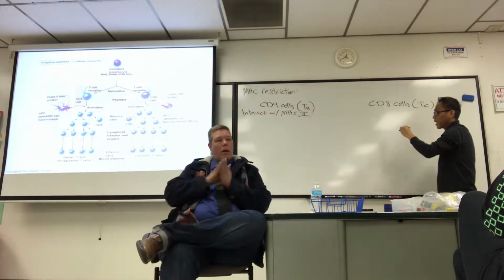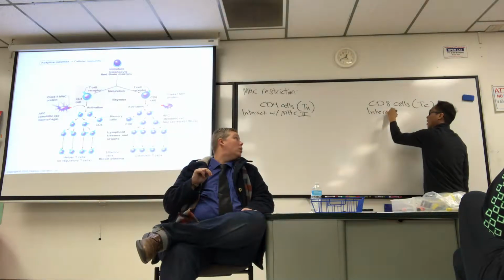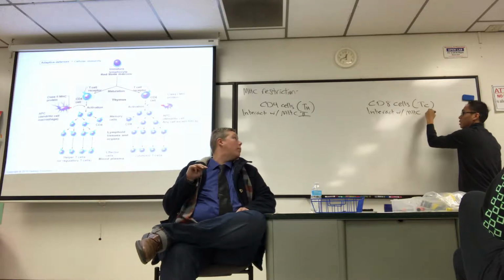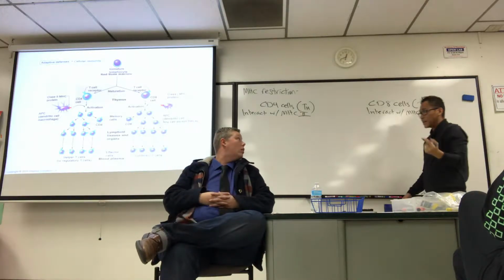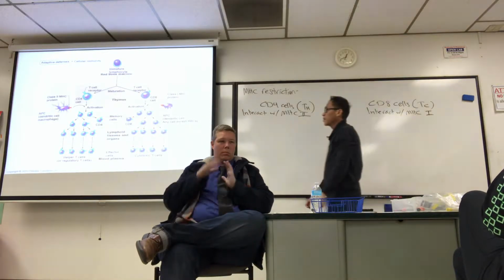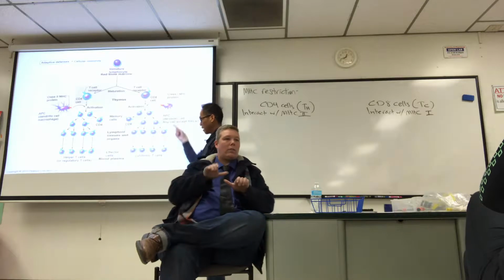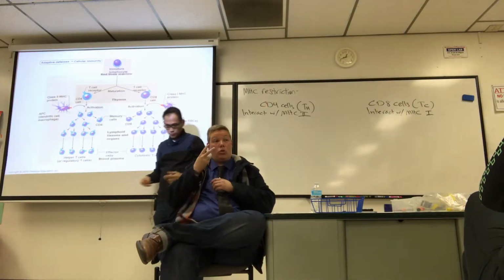They're restricted to interact with MHC class 1. So that's what this figure is showing you, basically. Once they interact and are activated by the MHC class 1 or 2, they become the cytotoxic T cells or the helper T cells here.